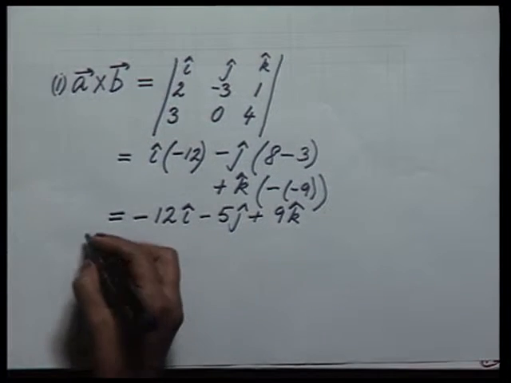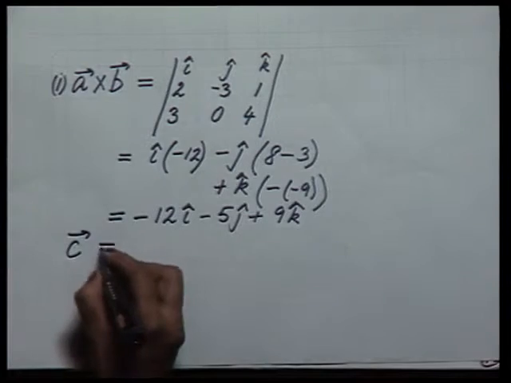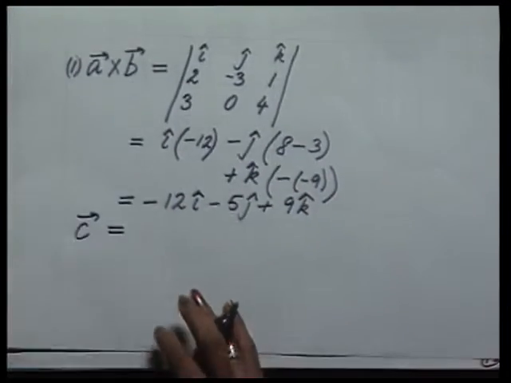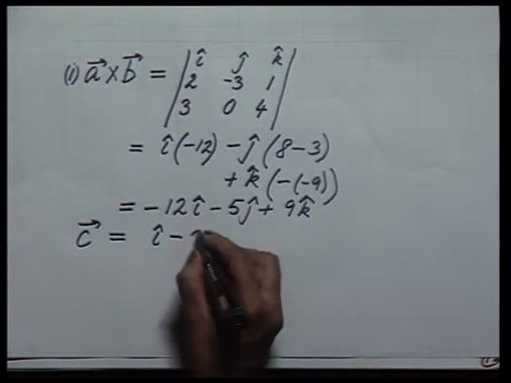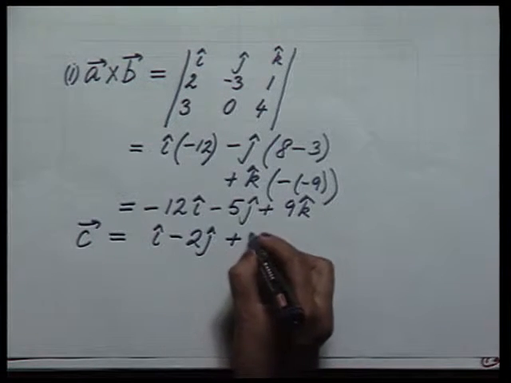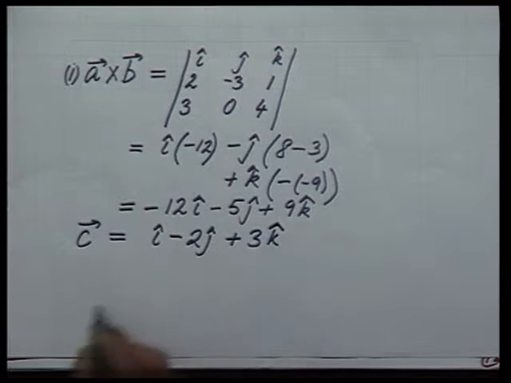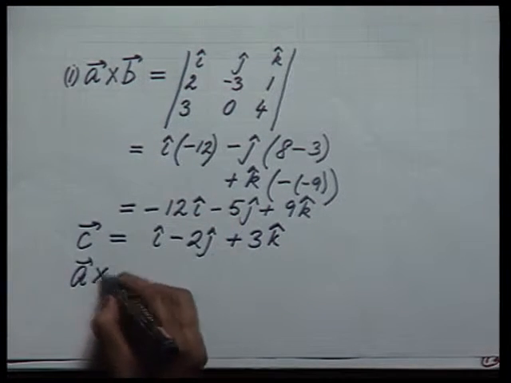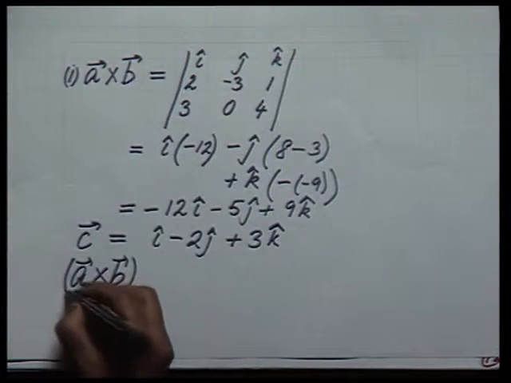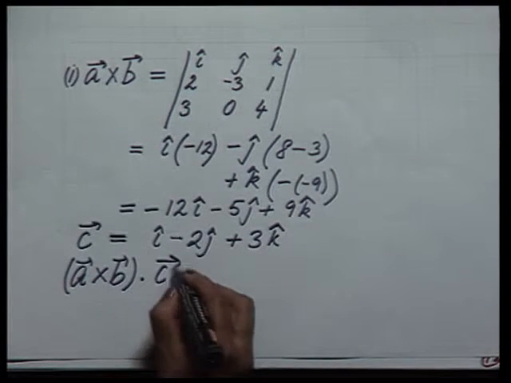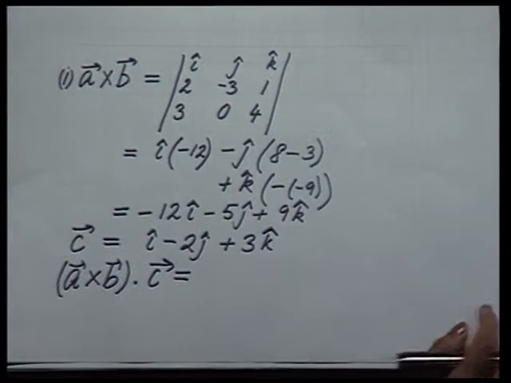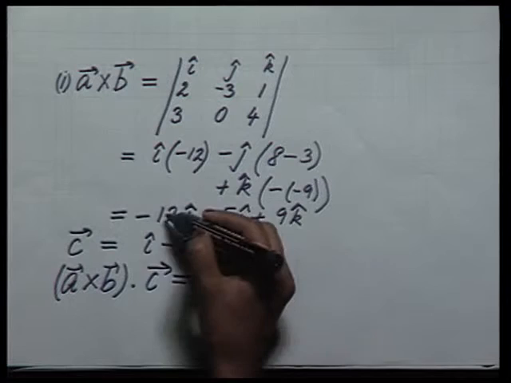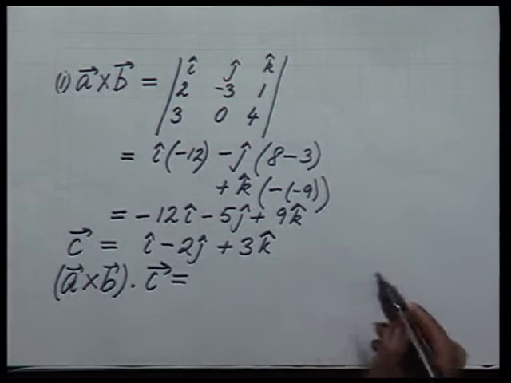So, if we go back and look at our C, that was given to me as i minus 2j plus 3k, then the dot product of these 2 vectors is given by the coordinate-wise product of their components.